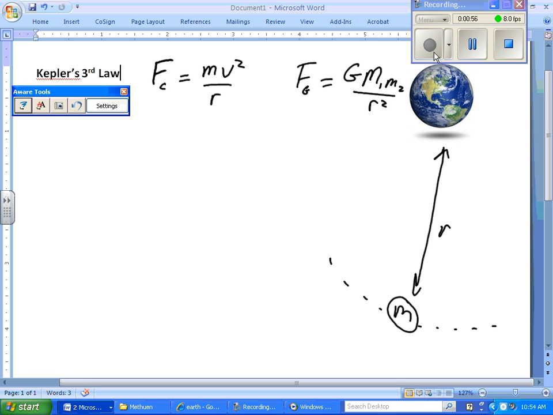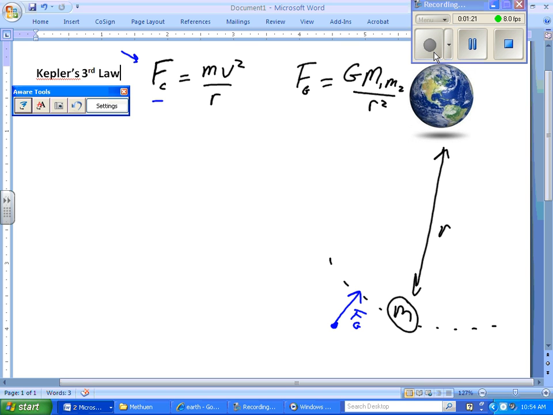Now, if I did a free body force diagram on this mass, I have this inward force of gravity. Now, we know from our understanding of circular motion that inwards forces minus outwards forces equals our net centripetal force, and that's where this equation comes from.